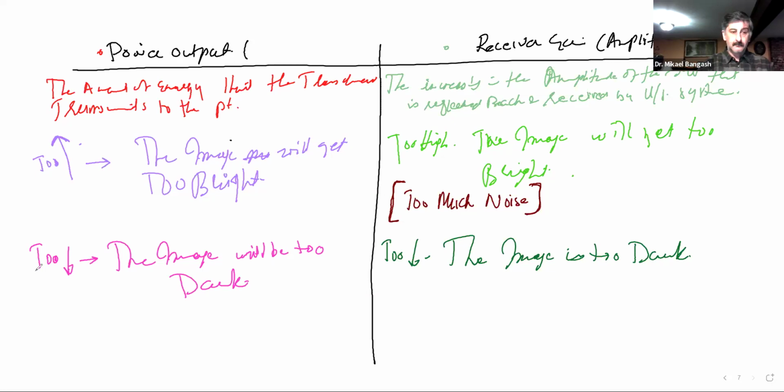Or on the other hand, with too low a power output, your image would be too dark. Or even if we had power output at a normal standard, but too low an amplification, that as well can cause the image to be too dark.